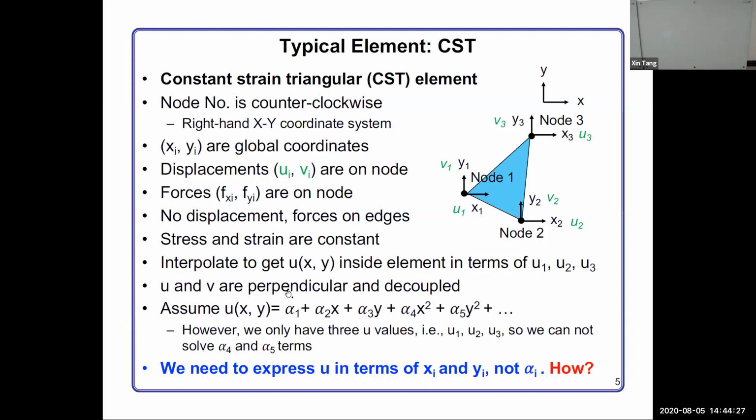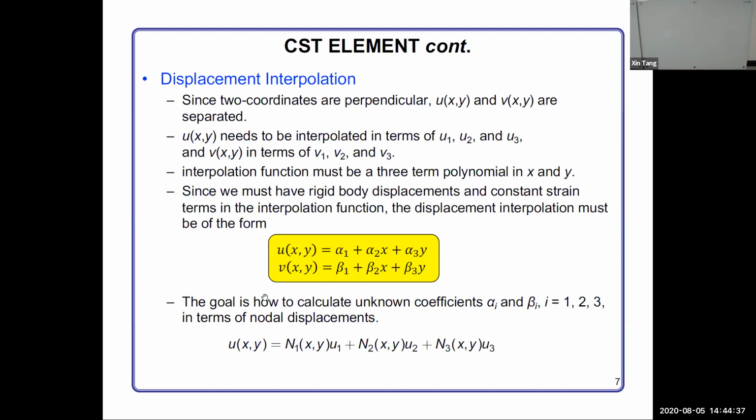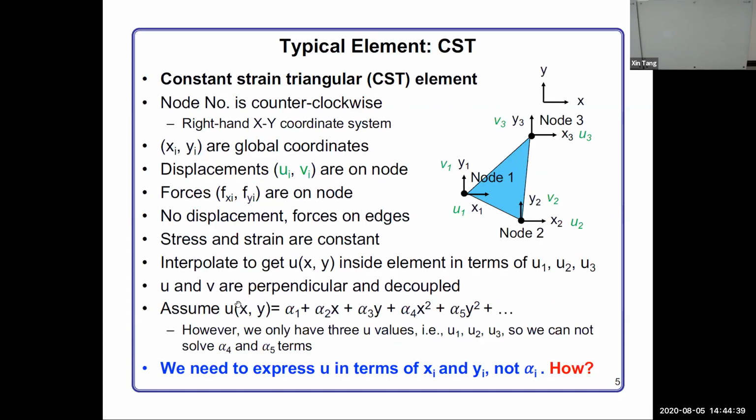Now, our goal is to find this u(x,y), this displacement distribution. These alpha terms actually don't mean anything by themselves.